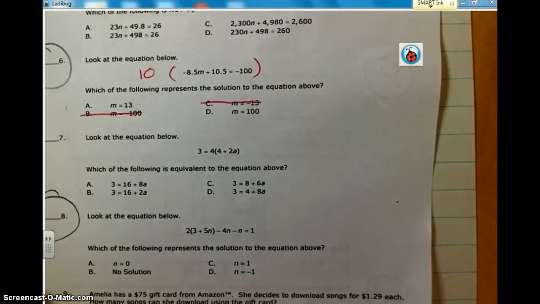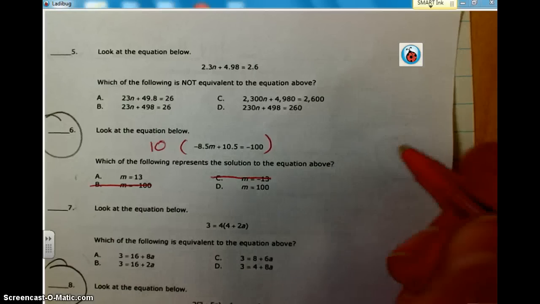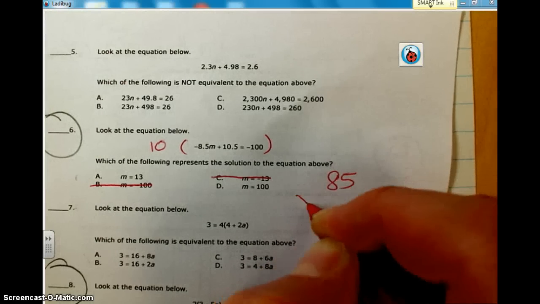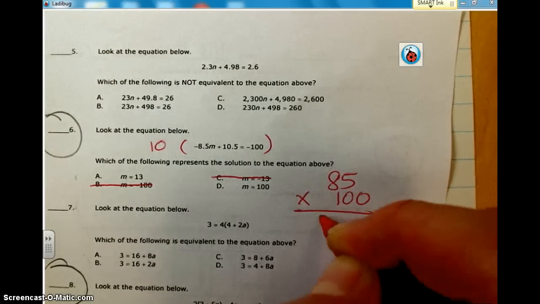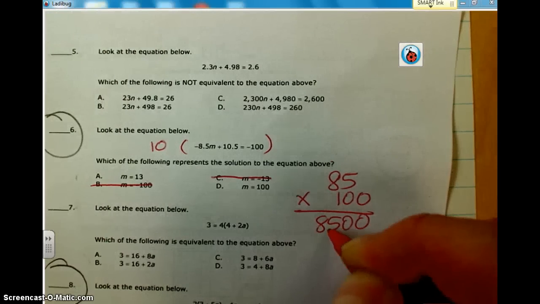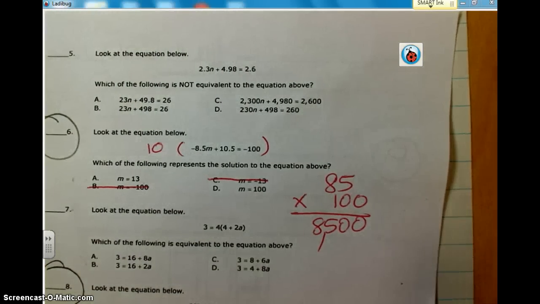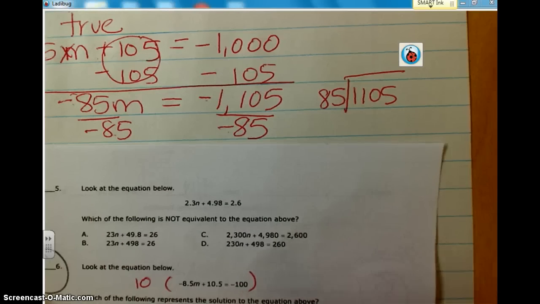If I take 85 times 100, I get 8,500. Is that what I'm looking for as a value? No, I'm looking for 1,105.